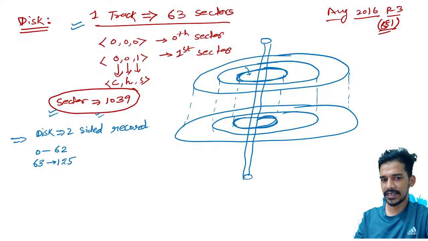On the cylinder number 0 we have this track, then this track, then this track.